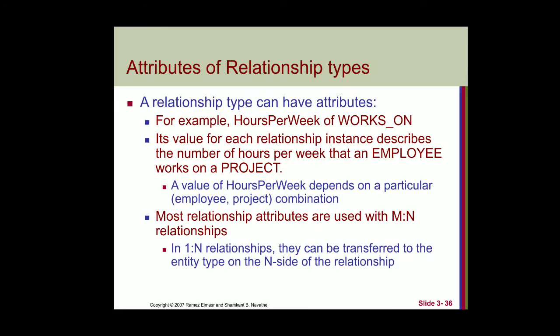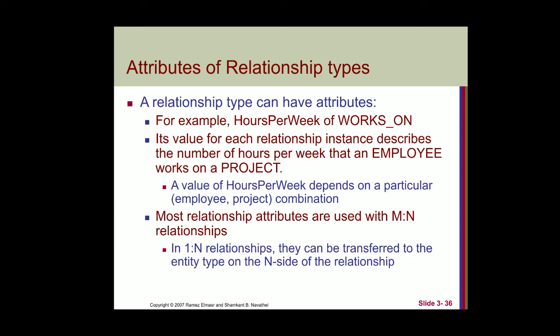Then, attributes of relationship types. What we have seen is that an entity has its own attribute set. Now we will say relationship types have their own attributes when they come into existence. A relationship type can have attributes, for example, hours per week of works on. If you consider the works on relationship type, it has its own attribute known as hours per week. What does it mean?